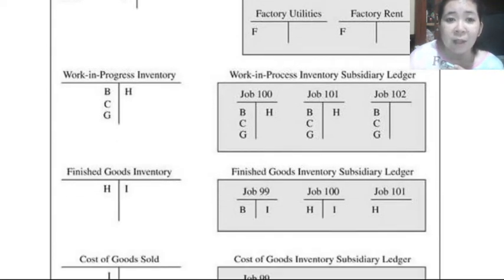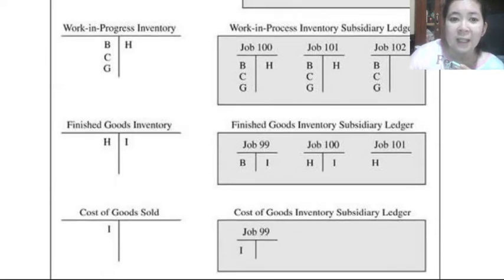For finished goods inventory, letter H is our work in process inventory. Once the process is finished, we will transfer work in process to finished goods. That's why it's debited, letter H. For letter I, later on, this is the total finished goods inventory that is sold, so this will be transferred to our cost of goods sold.